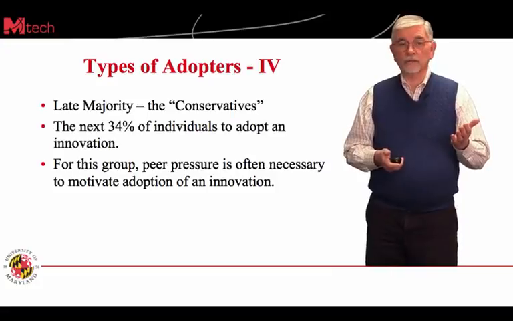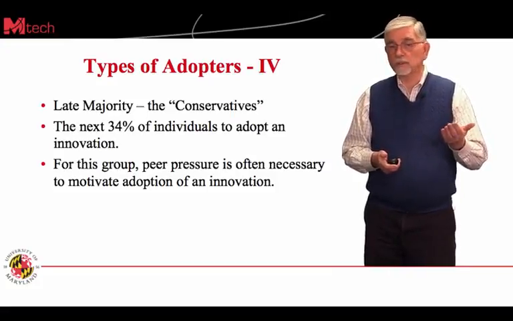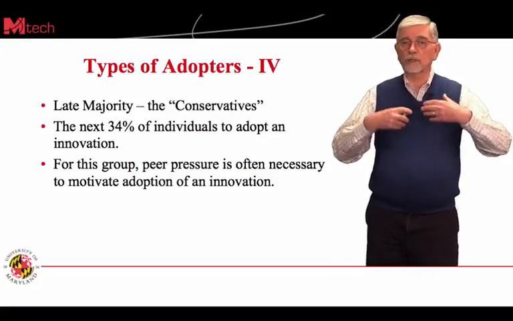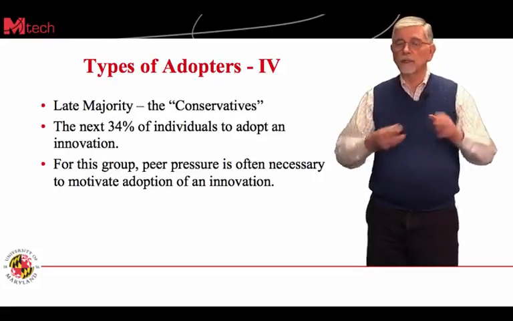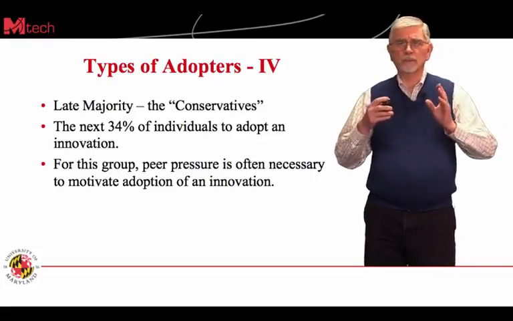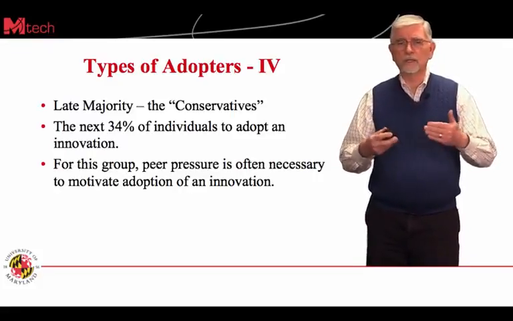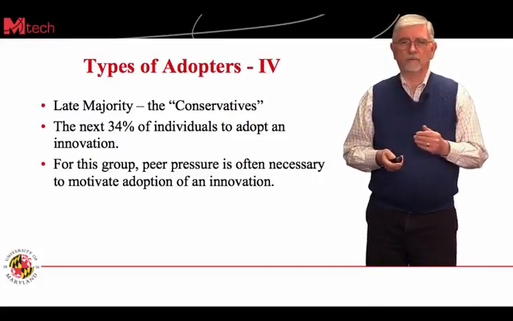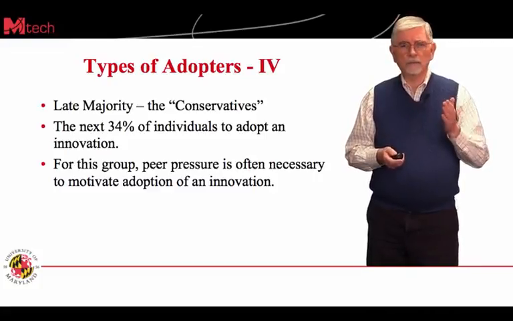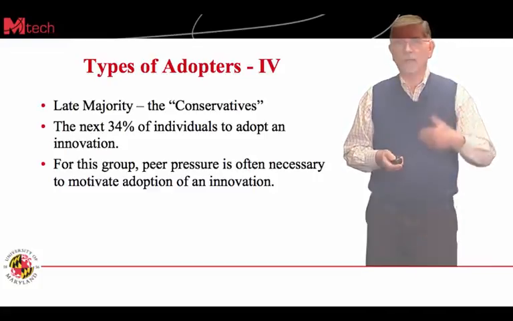The fourth category of adopters are what we call the late majority, or the conservatives. These are the people who are reluctant to adopt something until almost everybody shows that this innovation has value, it has utility, it has purpose, it has some benefit for everybody. So they are late to the party, but they arrive.